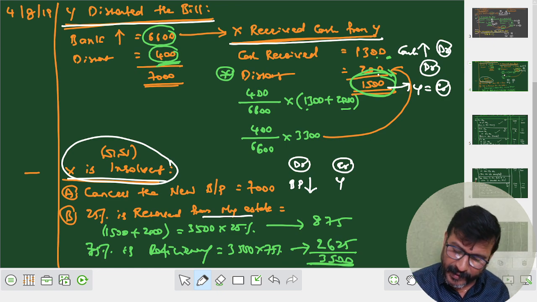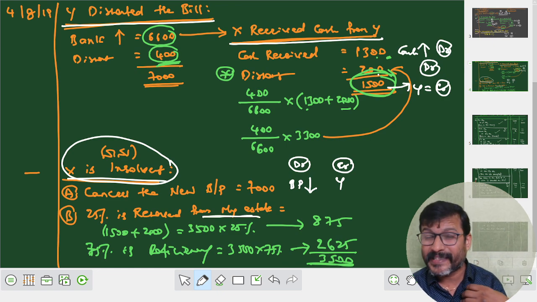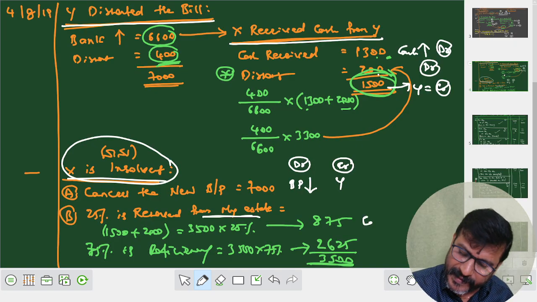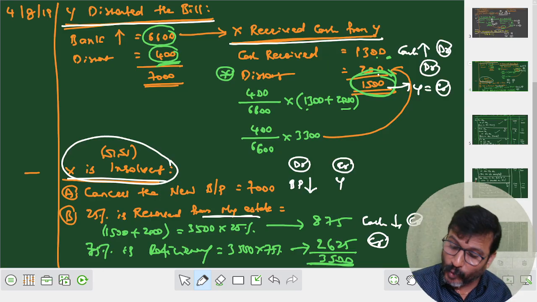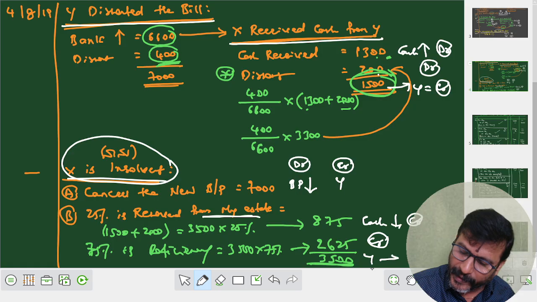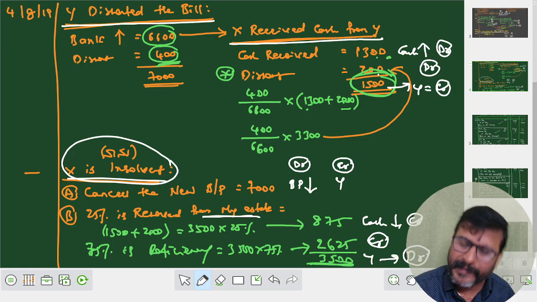25% is recovered from my estate. It is recovered from whose estate? From my estate. When it is recovered from my estate, cash decreased, credited. Deficiency is to be credited. Then who is to be debited? This amount is recovered by whom? Recovered by Y. So Y is to be debited.